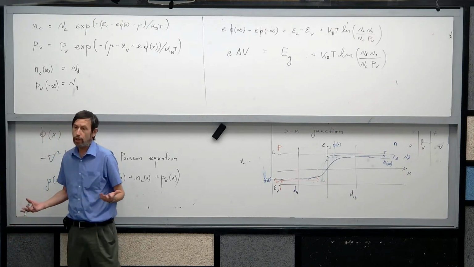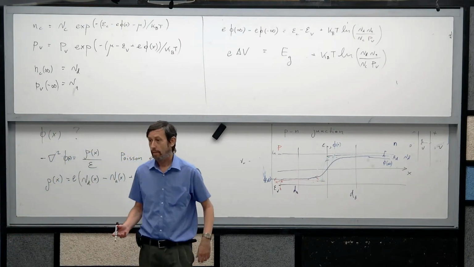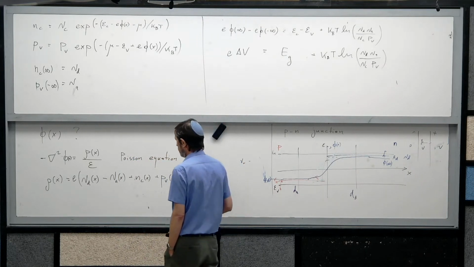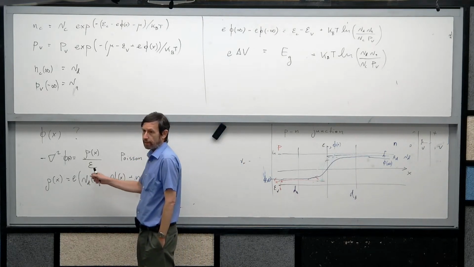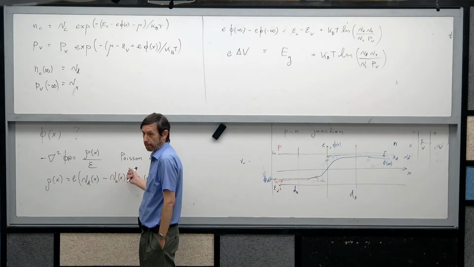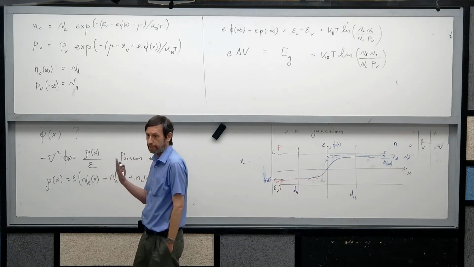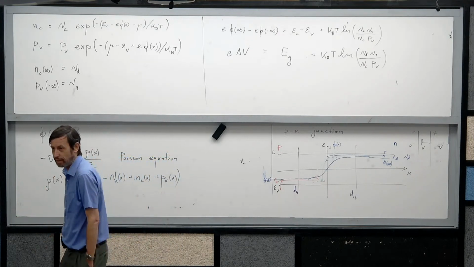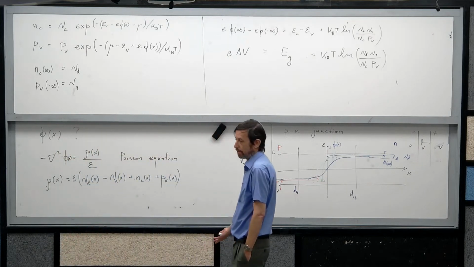Okay, so what's the charge density? Whatever charge is sitting on the donors plus whatever charge is sitting in the conduction or valence bands.